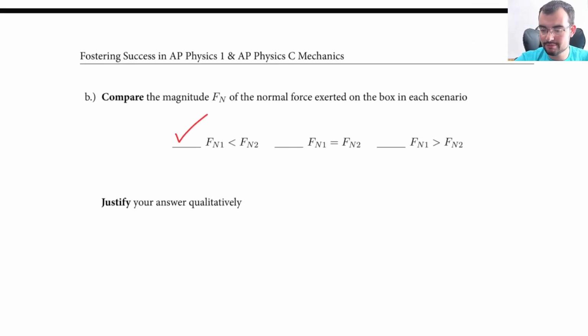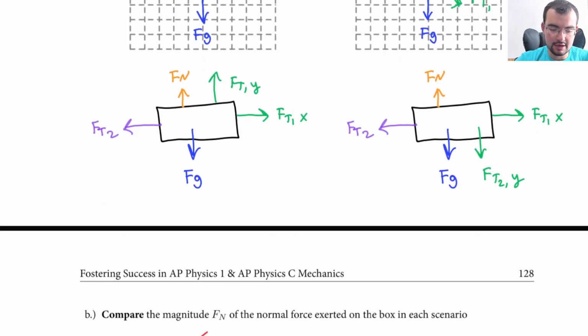And why is that? Well, notice in the first scenario, this is what we had in the original problem from before, where this tension was helping the normal force balance gravity, so it didn't need to be as big as mg. But in this case, we actually are fighting gravity with a downward pulling component, so the normal force has to exert a larger force than usual.